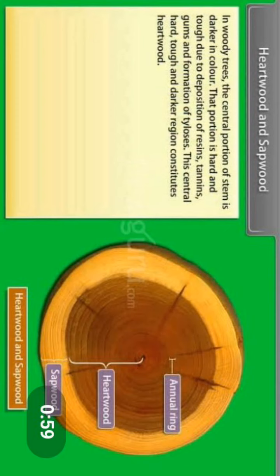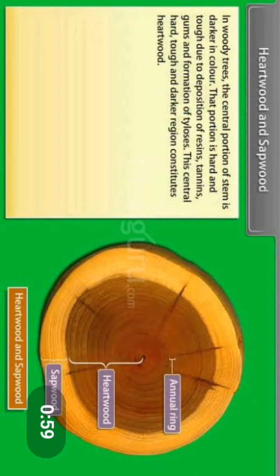In all trees, the greater part of secondary xylem is dark brown due to deposition of organic compounds like tannins, resins, oils, gums, aromatic substances, and essential oils in the central or innermost layers of the stem.